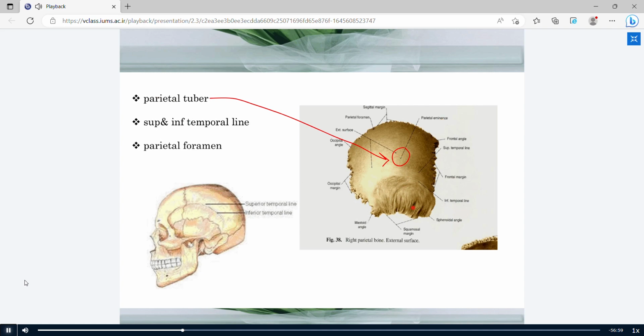There are two lines, the superior temporal line and the inferior temporal line. The superior temporal line is not very clear on the parietal bone, but the inferior temporal line is visible and very clear on the bone. Actually, the temporal line on the frontal bone is divided into the superior and inferior temporal lines on the parietal bone.